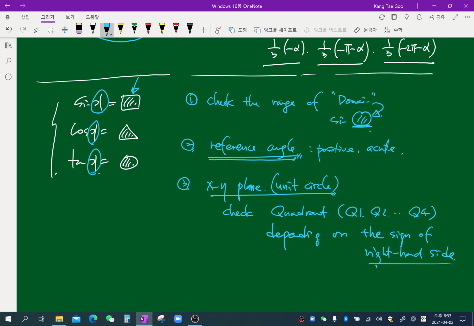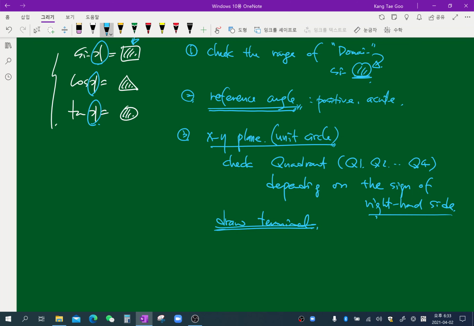Sometimes it can be Q1 and Q2 if sine is positive. Sometimes there can be Q1 and Q4 if cosine is positive, something like that. You can check that and then draw it. Draw the terminal on that quadrant.